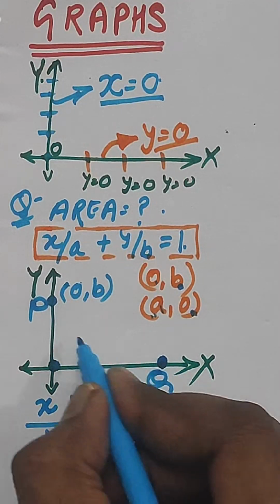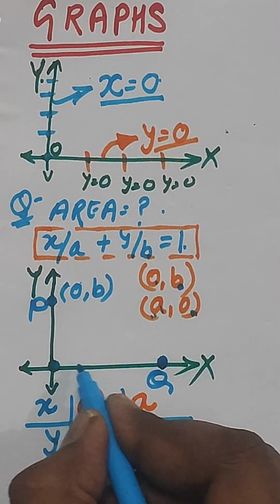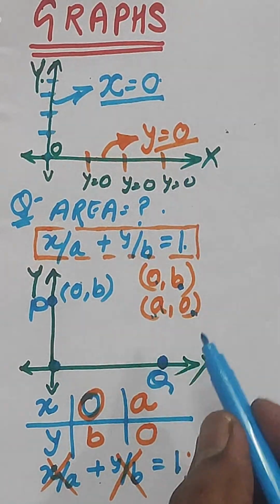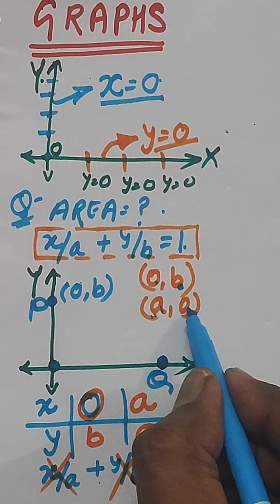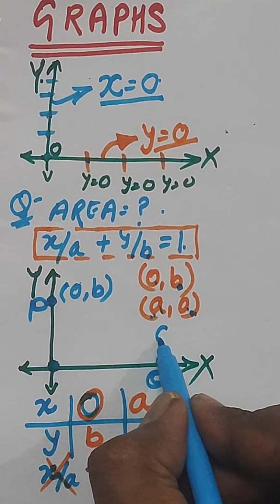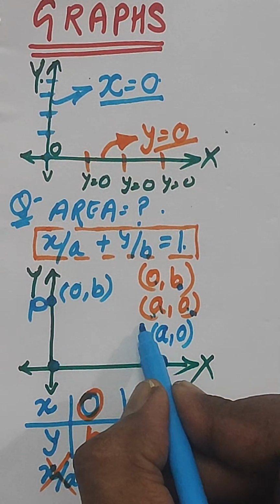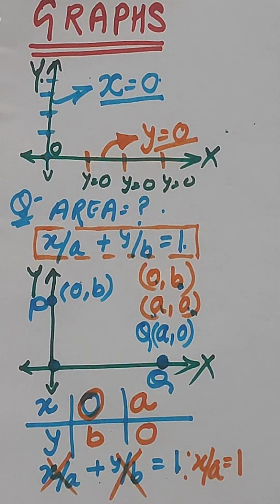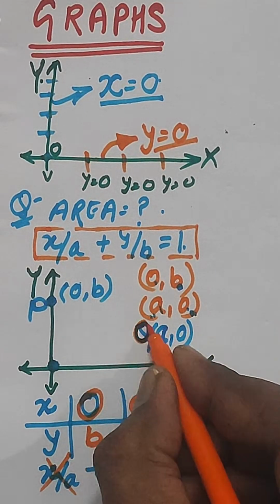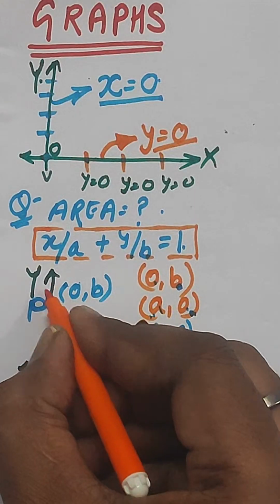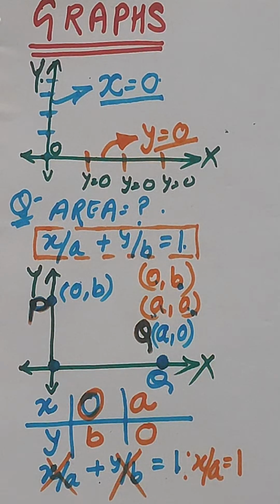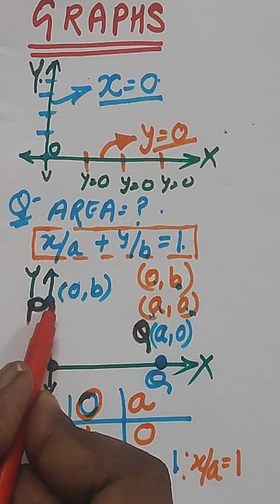And the value of y over here is, as we discussed earlier, 0. So this is the plot for (a, 0), Q. This is Q and this is P. Now you can simply connect this line.